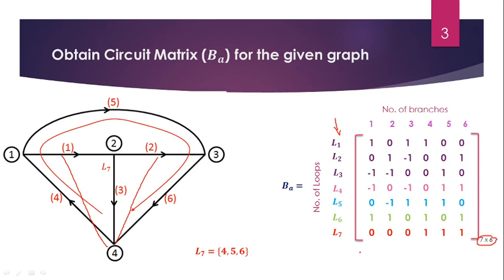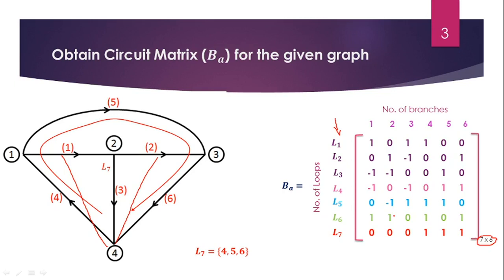When the complexity of the graph increases, the matrix size will be more, and it is very difficult to handle this matrix for calculation purposes. So that's why we have to go with another circuit matrix, known as the fundamental circuit matrix or tie-set matrix.